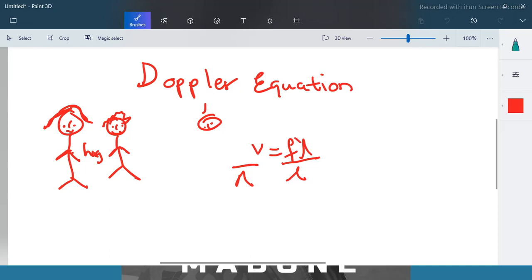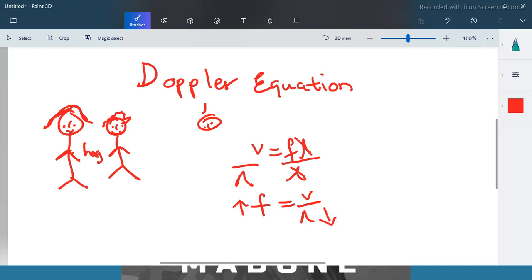So these will cancel each other because there's multiplication in between, right? And what do I have now? My frequency is v over lambda, right? What is happening now? Can you see that when my frequency is increasing, my lambda is decreasing?